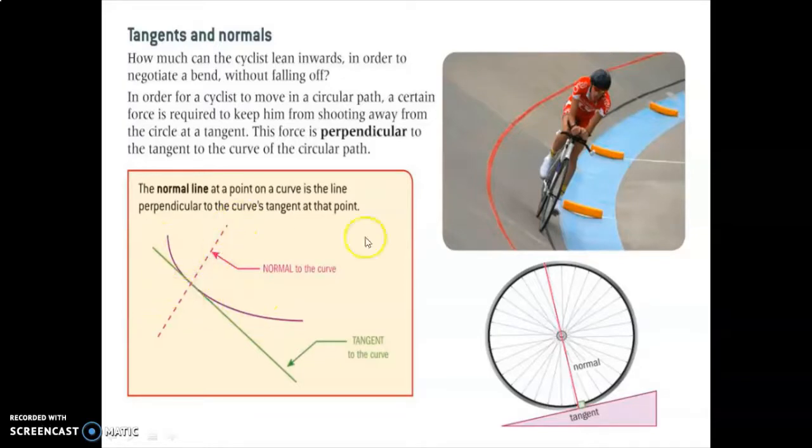The normal line represents the force of the bicyclist or the car or whatever's going on this track, the force that keeps it connected to the road. If there was no force along this perpendicular line, the bicycle or car would skid off to the side. Alright, so that's a diagram of how normals and tangents are used in some physics. And again, this represents the force that is keeping the bicycle on the track.